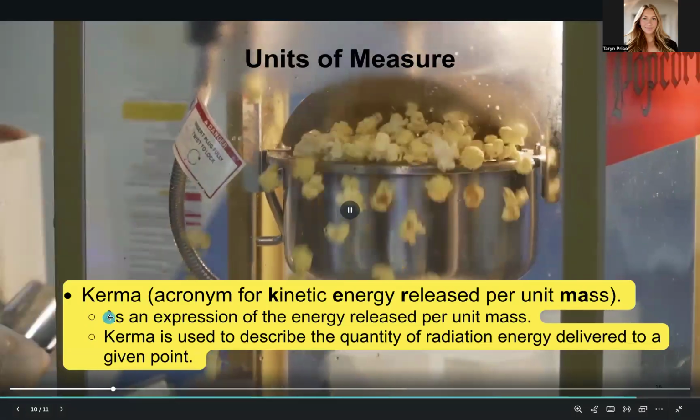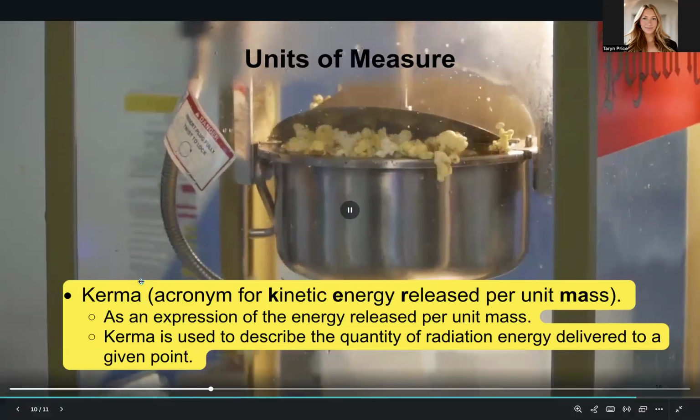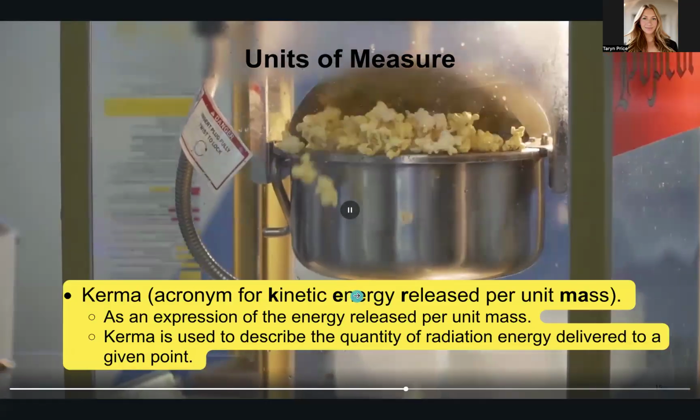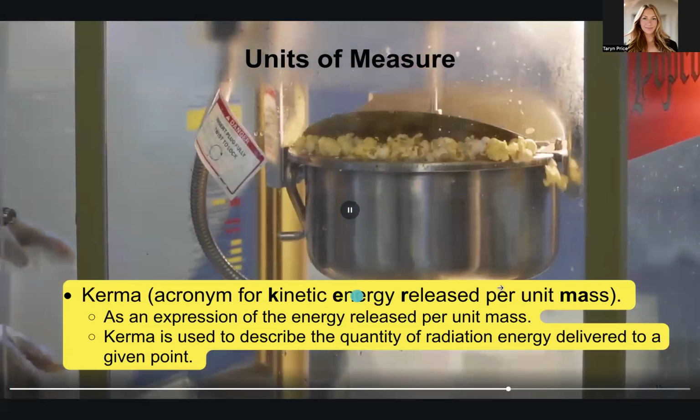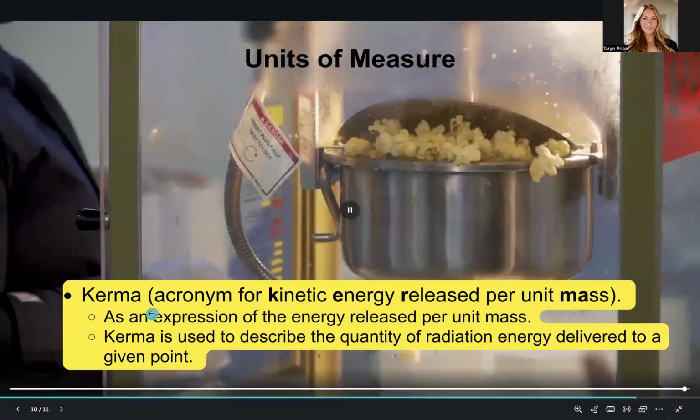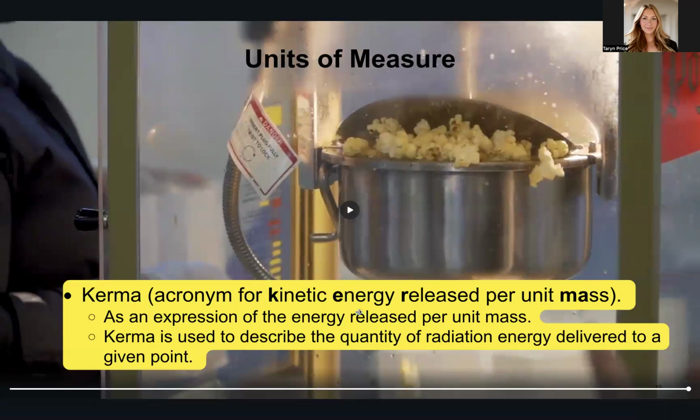And then KERMA, that's another one we'll use in physics too, but it's an acronym for kinetic energy released per unit of mass. It's an expression of energy released per unit mass. So I thought of Kerma like a popcorn kernel, and how much energy, this is kinetic energy happening right here. Things are happening. So it's just kinetic energy released per unit of mass.